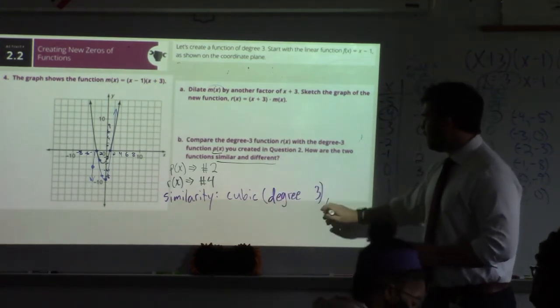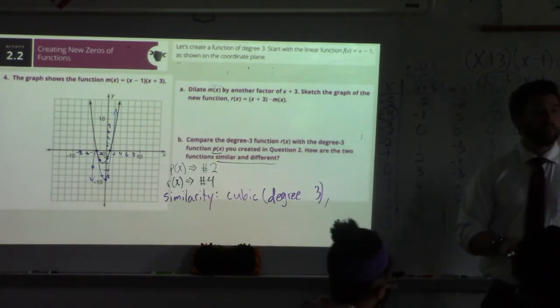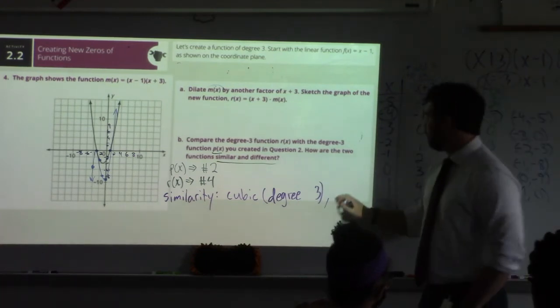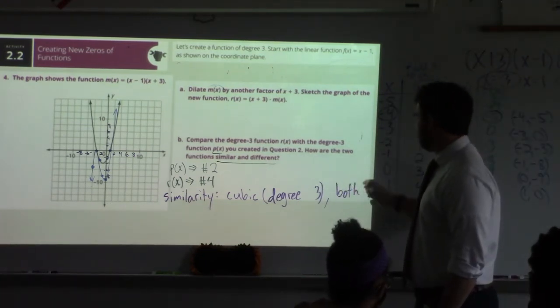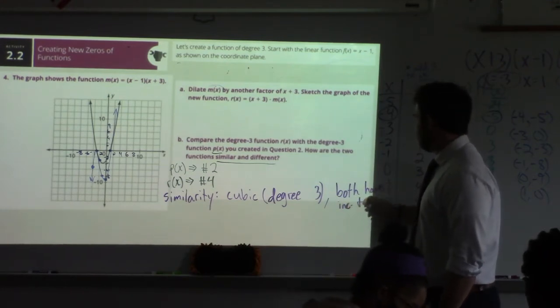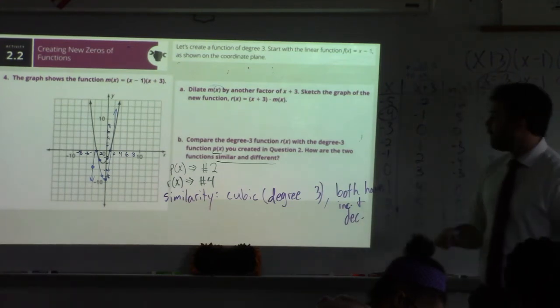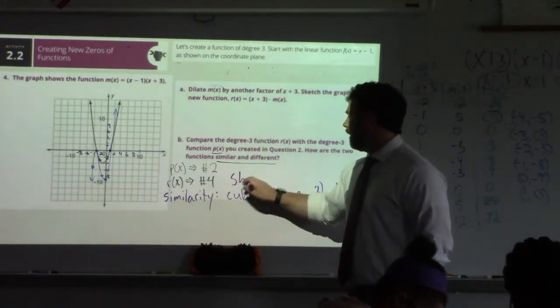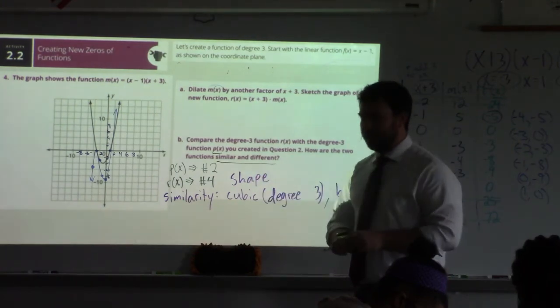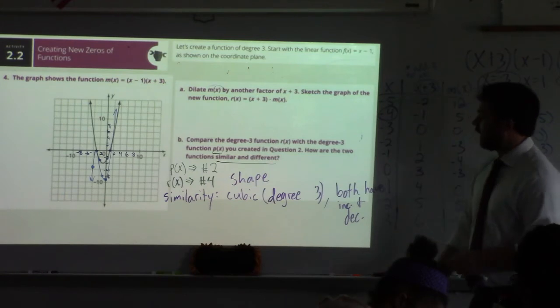Alright, any other similarities? Say again? So they both have increasing and decreasing. Anything else that's similar? The shape. The shape, very important to notice. That shape is very similar. Anything else? Okay.